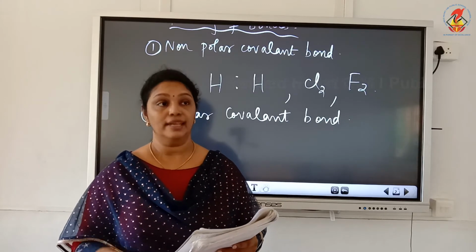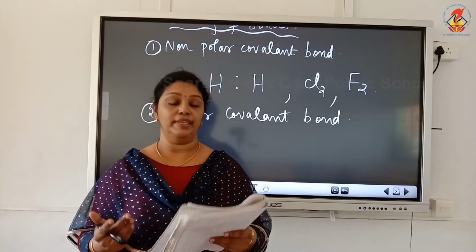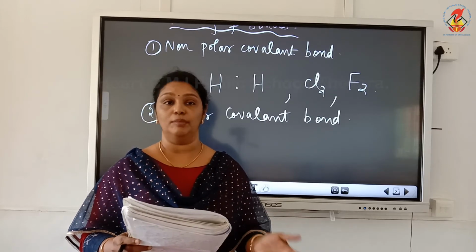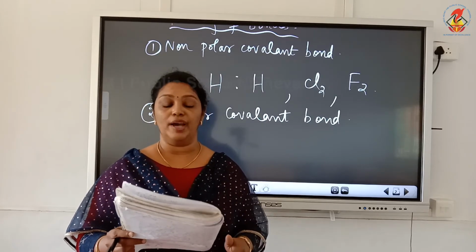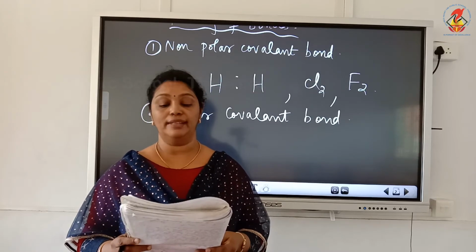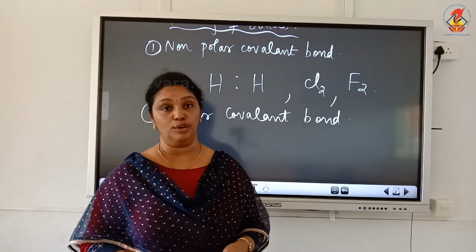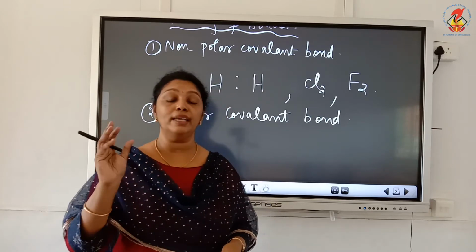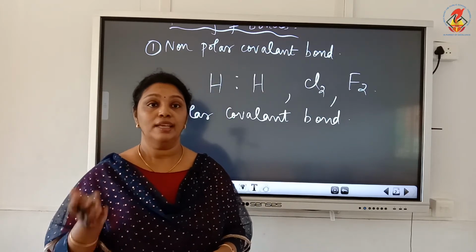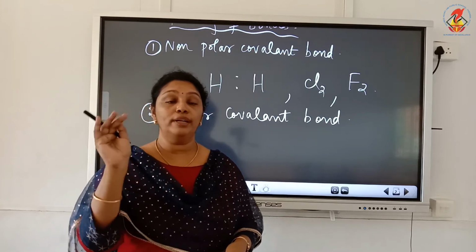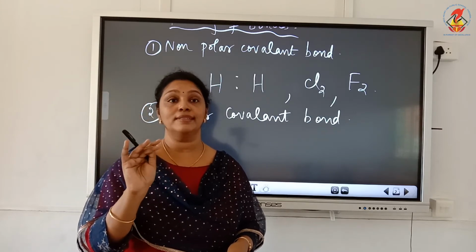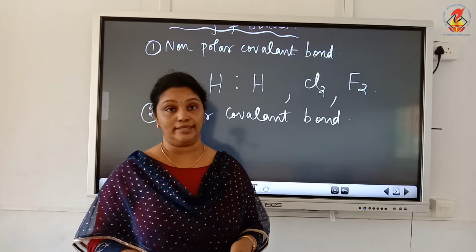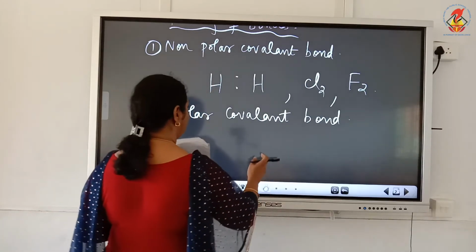As a result, the electronegative atom gets a partial negative charge and the other atom gets a partial positive charge, and this is called a polar covalent compound. So a polar covalent compound is formed by dissimilar atoms in which the bonded electron pair is displaced more toward the electronegative atom.